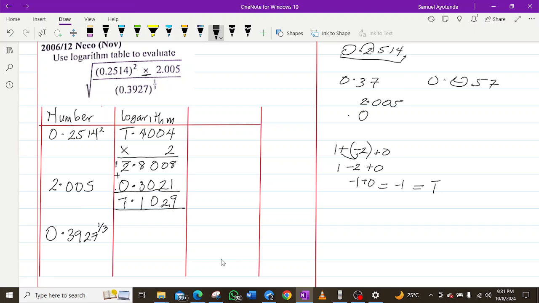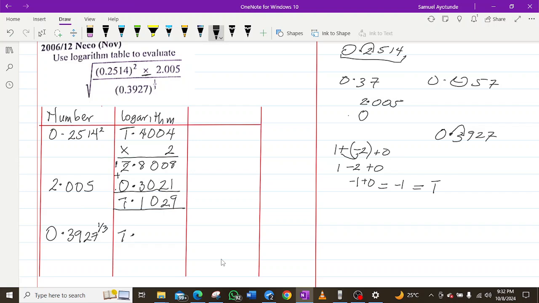So if I get the characteristic of 0.3927, I'm counting how many steps the point is from after the first tangible number. The first tangible number is 3, so it is one step away. So that means my characteristic here will be 1 bar, because the value is less than 1.